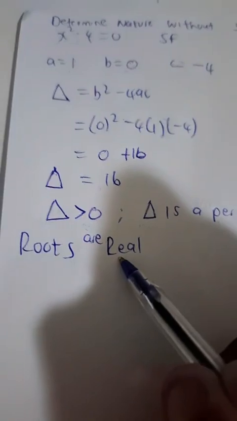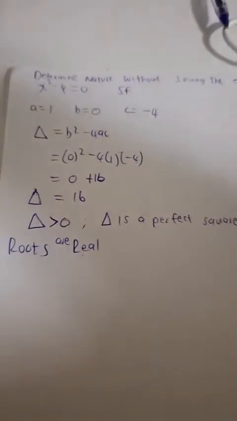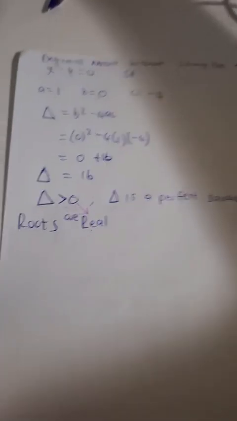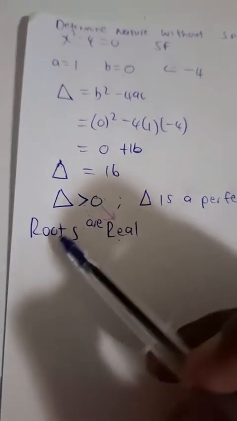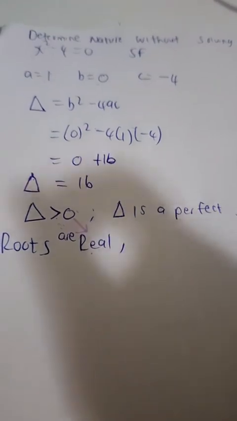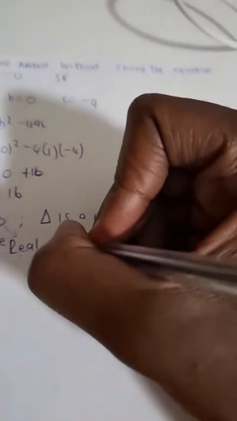Remember, now you can say roots are real. Do you know why you say roots are real, guys? It has everything to do with being greater than 0. Delta being greater than 0 means roots are real. So that is why it is important to say delta is greater than 0, because you can say the roots are real. Two, rational or irrational. You can say the roots are rational.